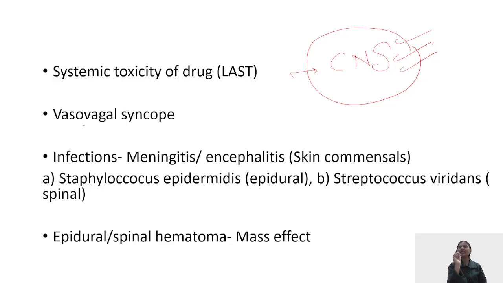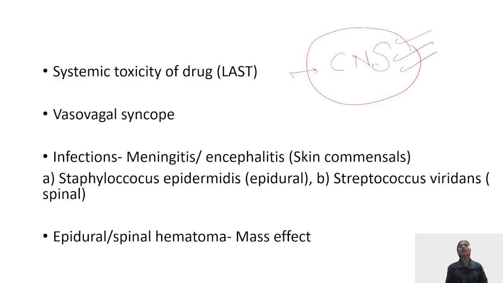It will very clearly state that local anesthetic was given and you have circumoral numbness which is present, and neurologically the patient gets dizzy, we have sedation, and we have seizure activity in the patient. That is your LAST. The treatment of choice is resuscitation. If arrhythmias occur, then amiodarone.